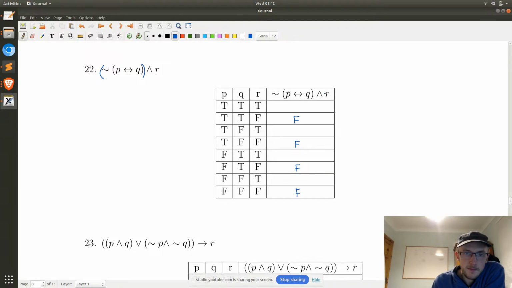True there. Okay, so we only care, is this here true? And the only time it can be true is when the interior here is false. So you have to find out when this is.